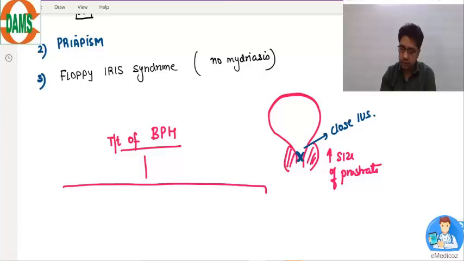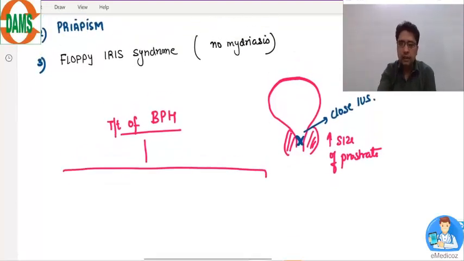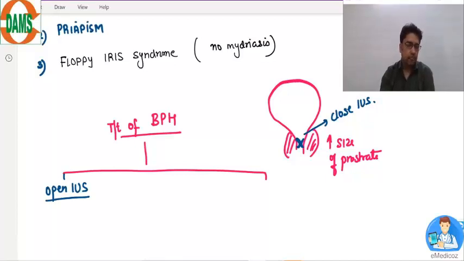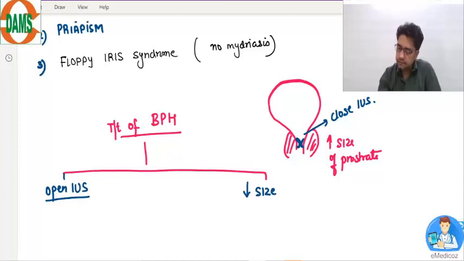The first treatment of BPH is to open the internal urethral sphincter. And the second is to decrease the size of the prostate.